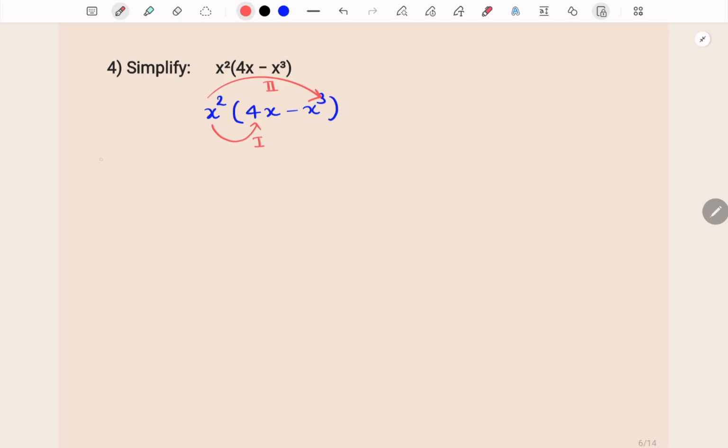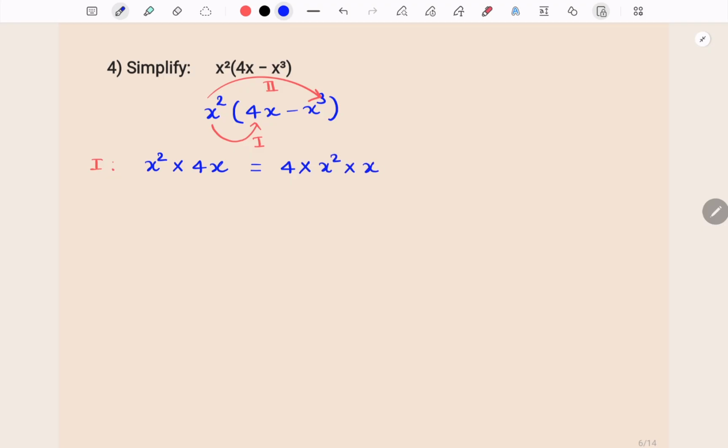Let's talk about the first multiplication, that is x squared being multiplied by 4x. This can be written as 4 multiplied by x squared and multiplied by x.